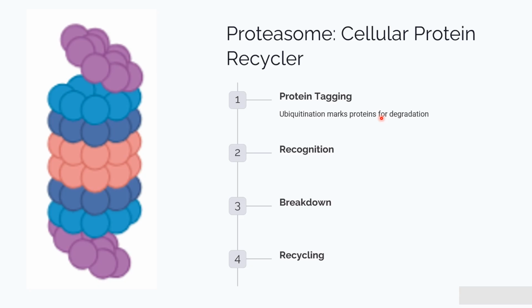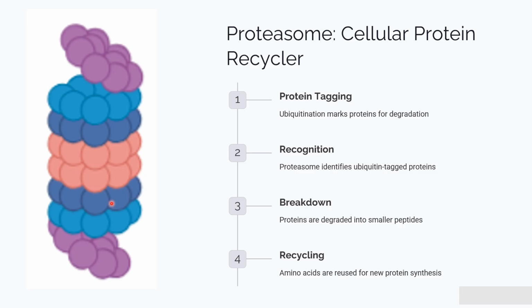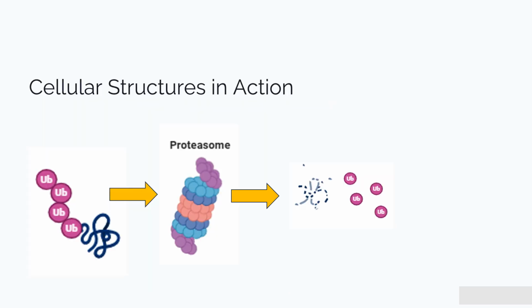Once the protein has a ubiquitin tag, the proteasome will recognize the ubiquitin tagged proteins, and the proteins will be degraded into smaller peptides. So once the proteins are all degraded, it will result in amino acids, right? And they can be used for new protein synthesis.